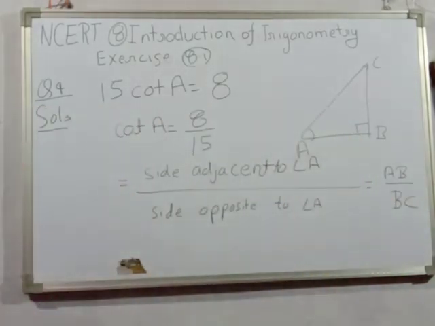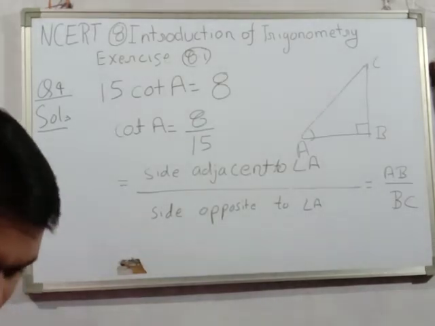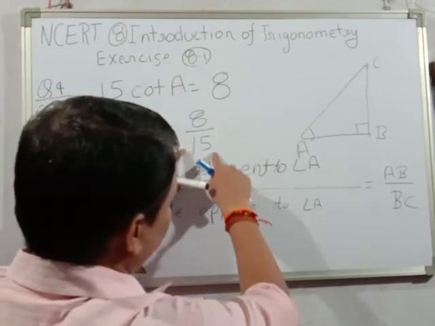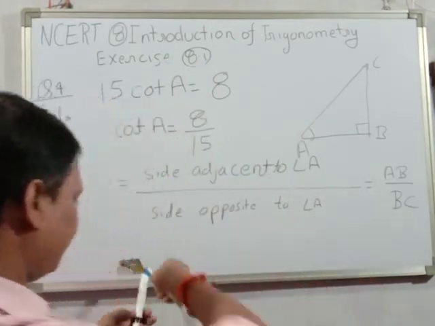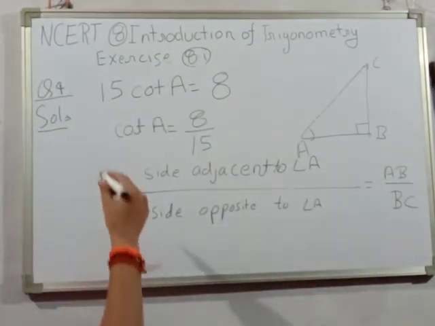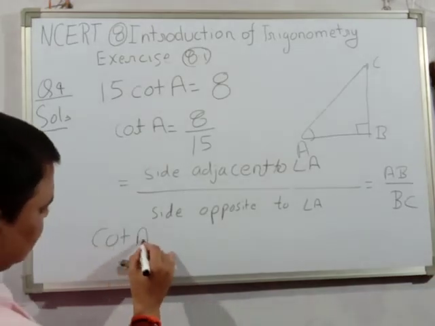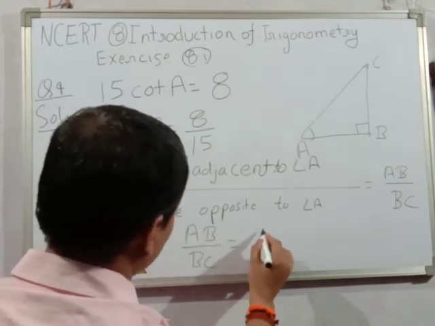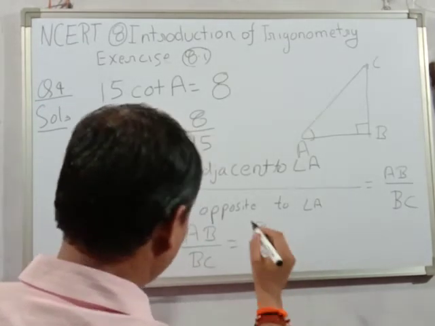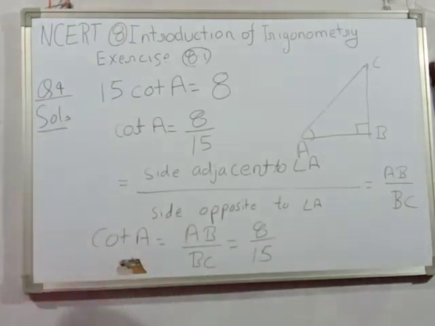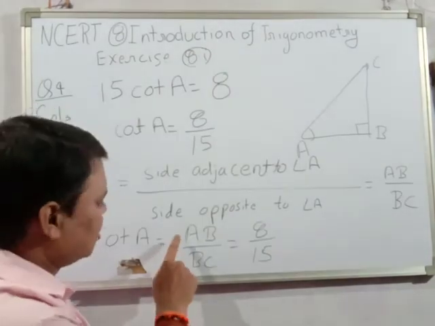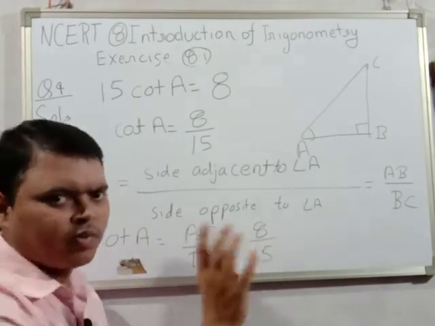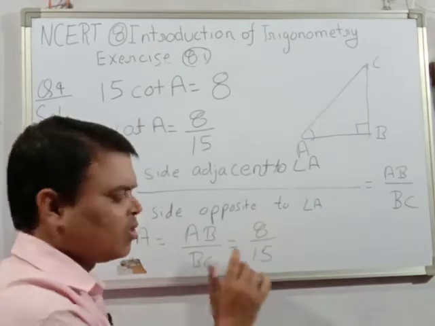So cot A is equal to AB by BC is equal to 8 by 15. So let us consider AB is equal to 8k and BC is equal to 15k.